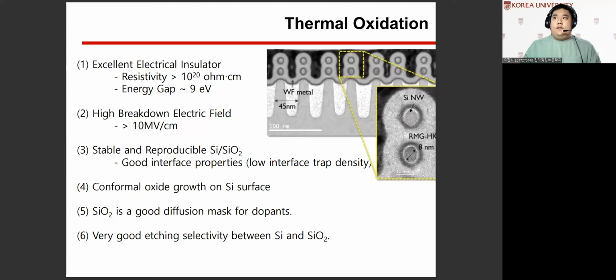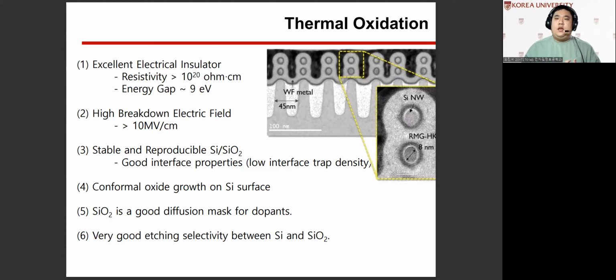Even though there are modern insulating layers, silicon oxide is still a great insulator because the band gap is 9 electron volts.